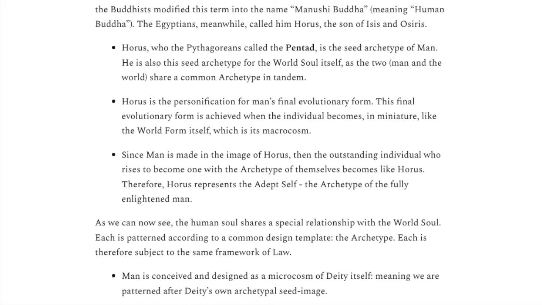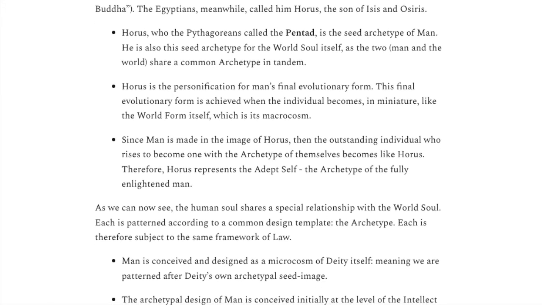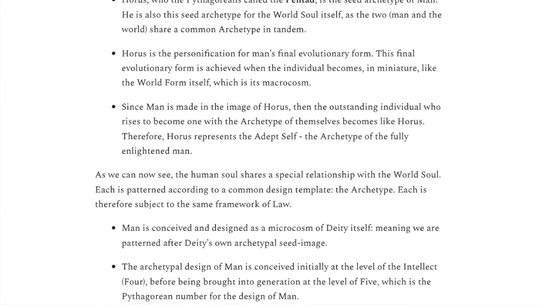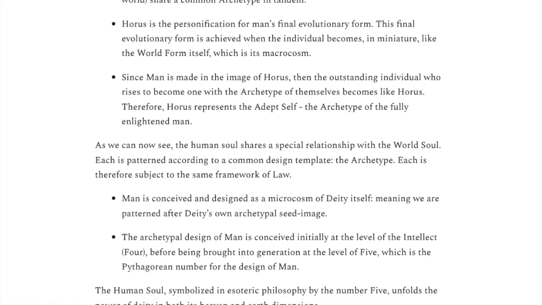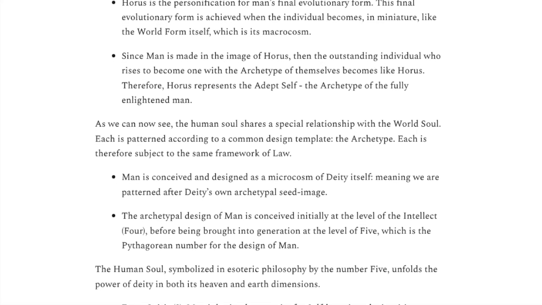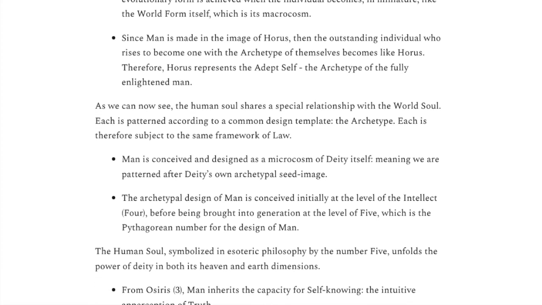This evolutionary form is achieved when the individual becomes, in miniature, like the world form itself, which is the macrocosm. Since man is made in the image of Horus, then the outstanding individual who rises to become one with the archetype of themselves becomes like Horus. Therefore, Horus represents the adept self, the archetype of the fully enlightened man.